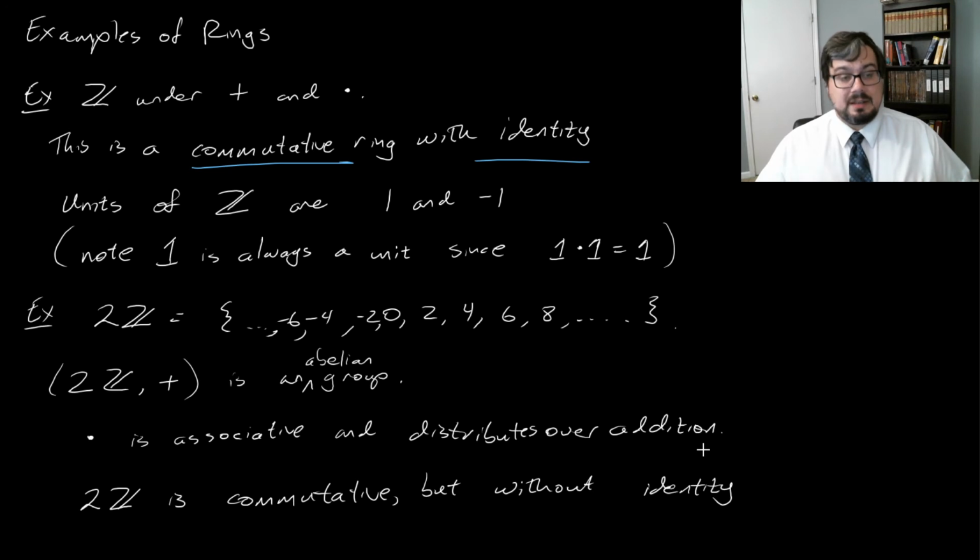It's a subset of a ring that does, so 2Z is a subset of Z. Z has a multiplicative identity of 1, but 2Z does not contain that 1, and it doesn't contain any other one. This is an example of a ring that is commutative, but not with identity.